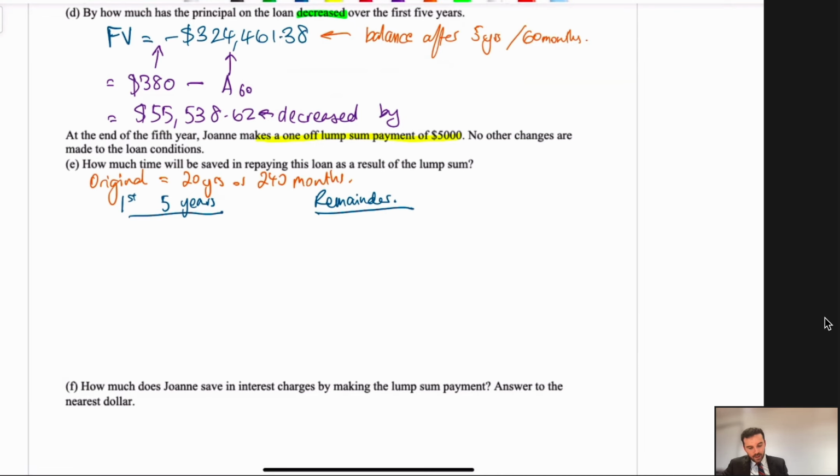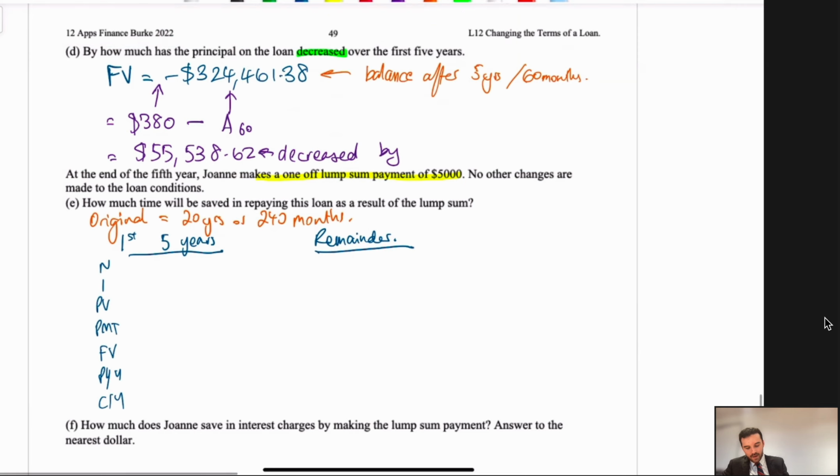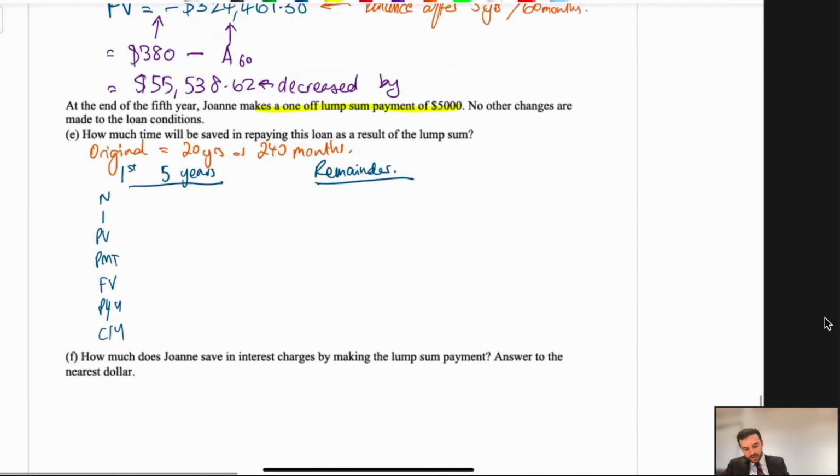Okay, so let's have a look. First thing, we've got N, I, PV, PMT, and FV, payments per year, and compounds per year. Now, we've already done a lot of this work. Remember, N was going to be 60, I was 6.35%, our PV was 380k and it's positive.